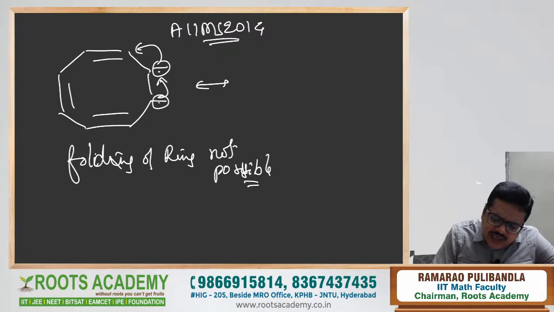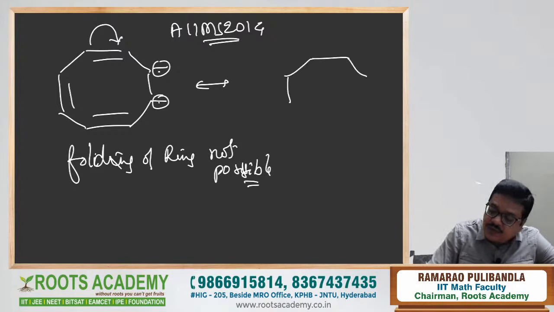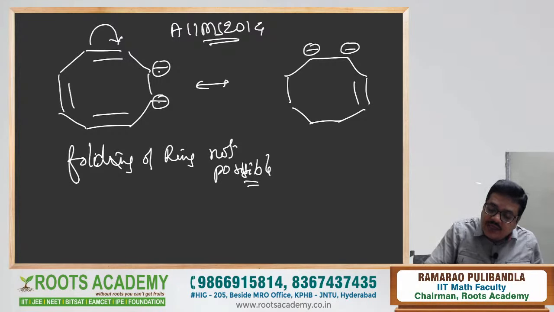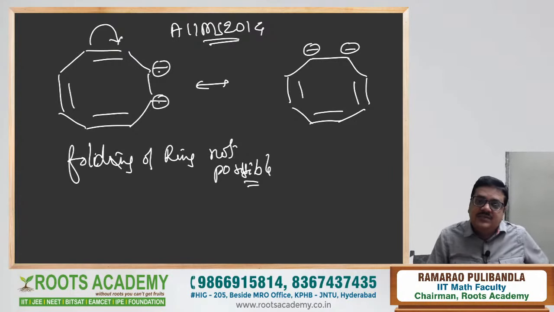If these electrons are coming here, a positive charge will come, and then these electrons will come. Like this it will happen. If these electrons are coming here, a negative charge will come, again this will come. So continuously you are getting a negative charge like this. Therefore ring folding is not happening.